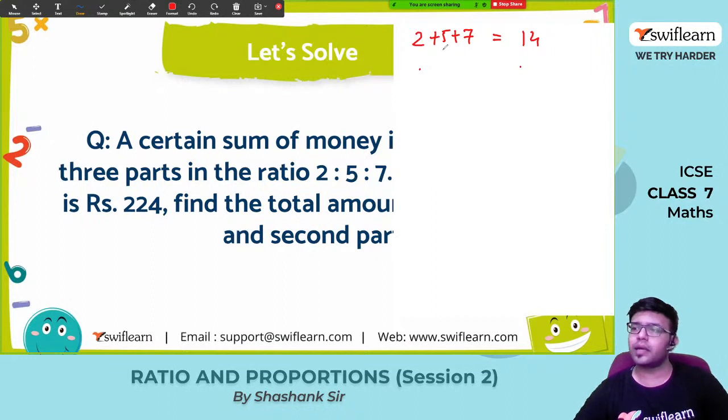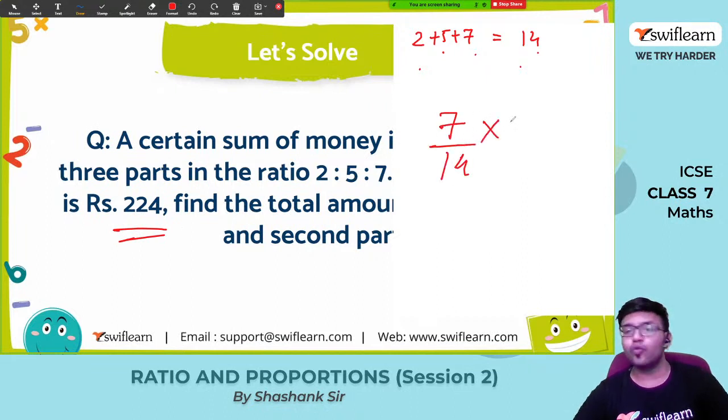The second part is given by second term by 14 into the total amount. The answer for the third part is given: the third part is 224. So 7 by 14 into the total money. Let us say total money is x. 7 by 14 times x is 224, which is given in the question. Find the value of x. This is a linear equation in one variable.